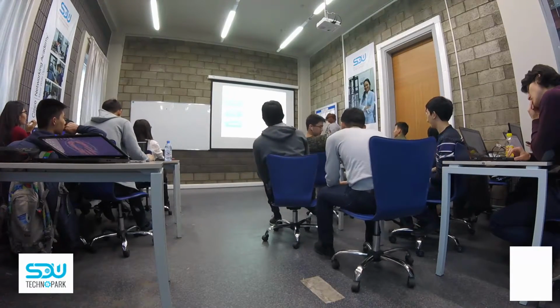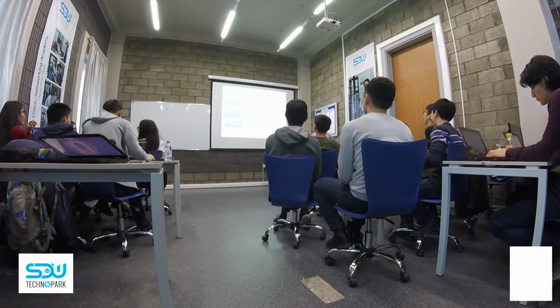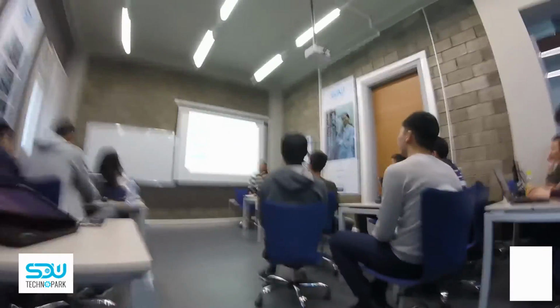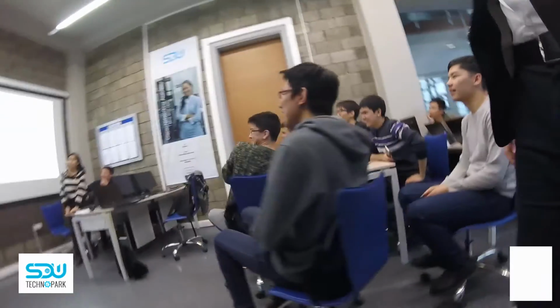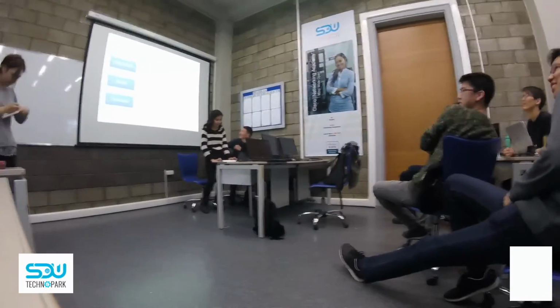Then the first group will choose a category and explain tables of EIGRP. Neighbor tables, topology tables. Yes, explain these tables.